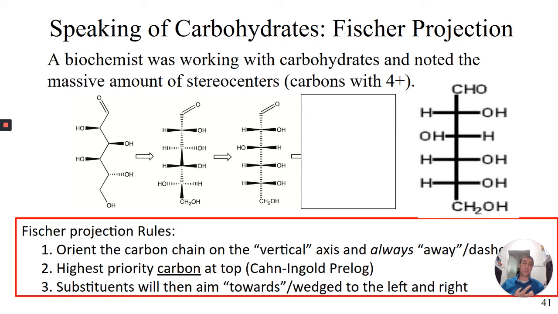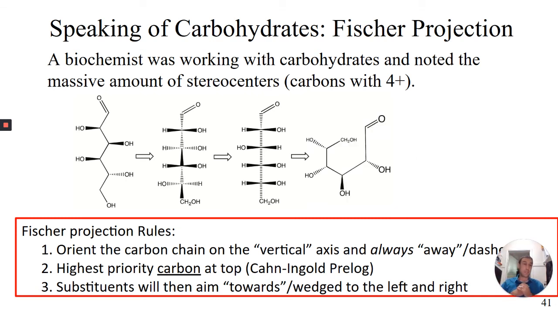It also allows you to throw in other terms like capital D and capital L, which are not R and S, so don't confuse them with that, and I don't want to address it, okay? But those terms do show up in biochem. If you've done the orientation of the three-dimensional model correctly, what it looks like is this.